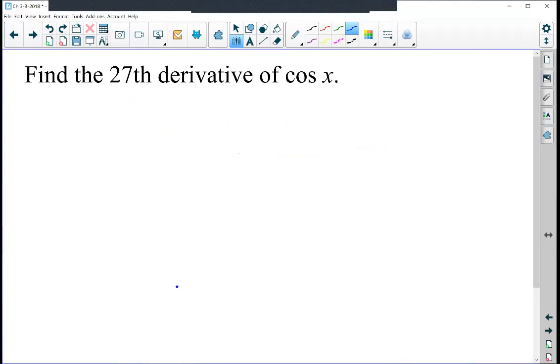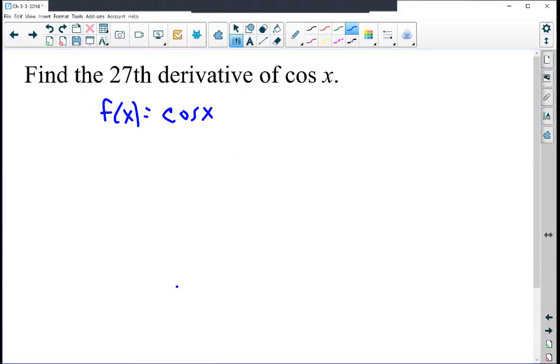All right. What is the 27th derivative of cosine x? Make a guess. I said, I don't know how I'm supposed to do it, so I'll make a guess. Negative sine x. Let's see how we do with that guess.